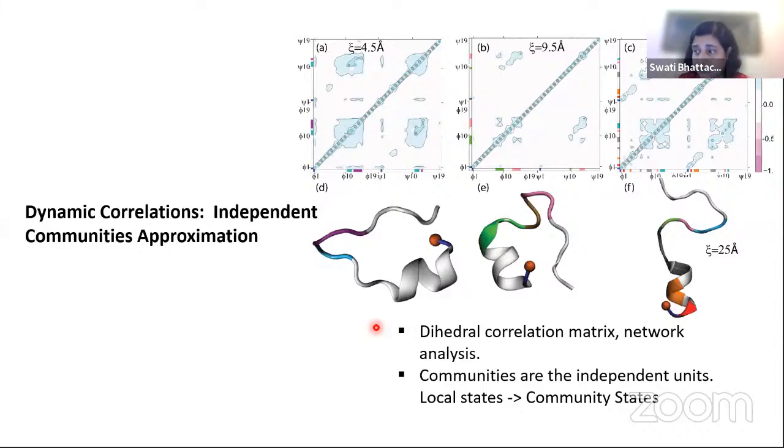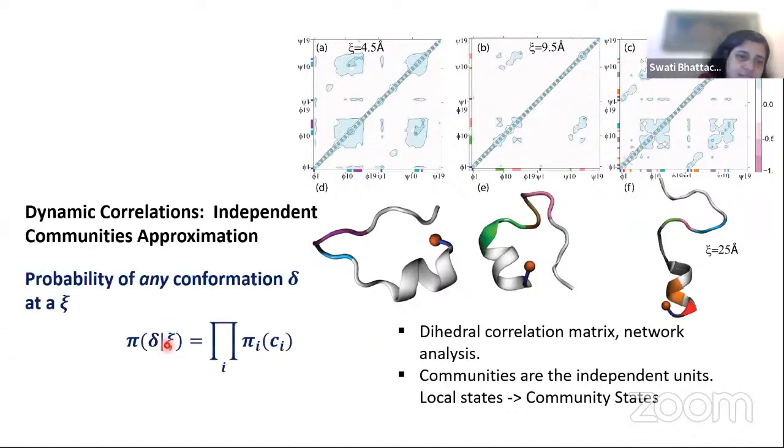This is particularly important because when we calculate the probability of the whole chain conformation, it's now going to be based on the community states. Sorry, this is a new version of the equation. So here we are calculating the probability of a conformation of the molecule at a given xi, and this is built up from the probabilities of the communities.